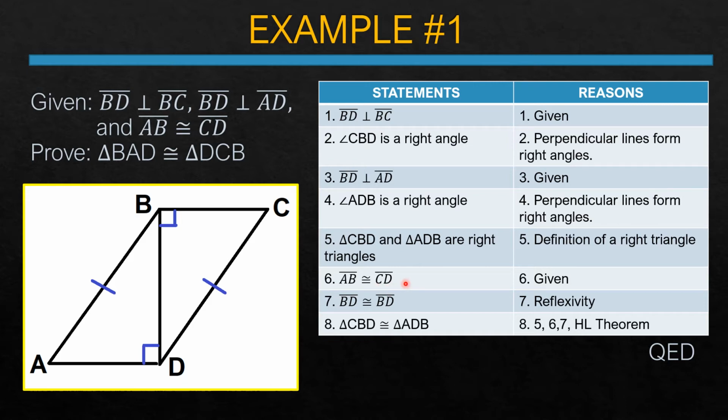Statement 7 states that line segment BD is congruent to line segment BD by the reflexive property. Finally, the conclusion is already arrived at. Triangle CBD is congruent to triangle ADB by the hypotenuse leg theorem using statements 5, 6, and 7. QED.